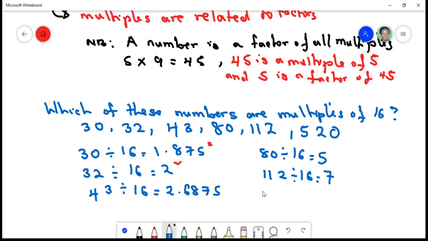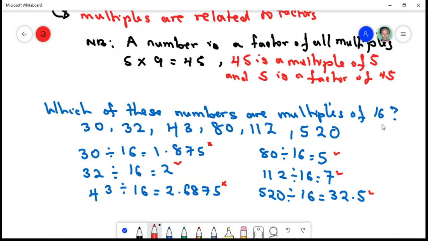Then 520 divided by 16 is giving us 32.5. So you realize this is not a multiple because it doesn't divide exactly.